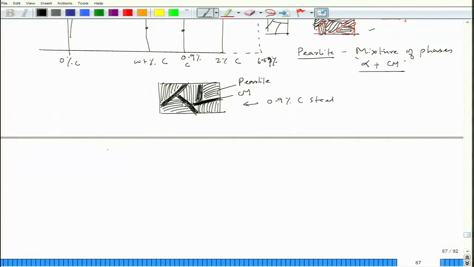Let us say I draw a time temperature diagram for hypoeutectoid steel.